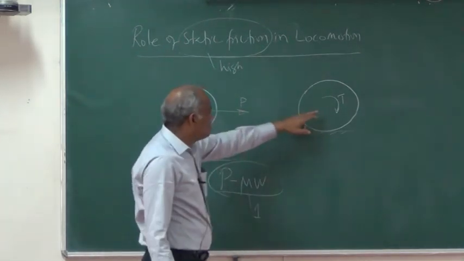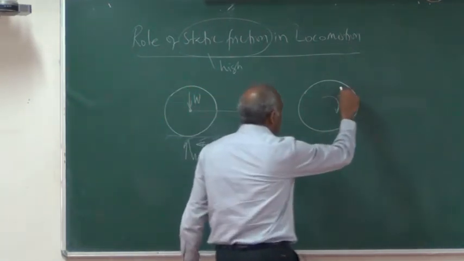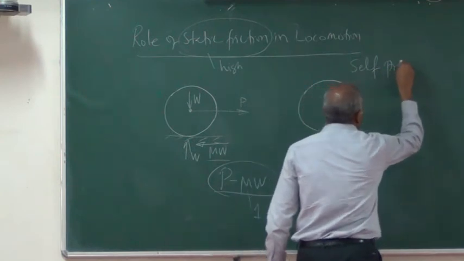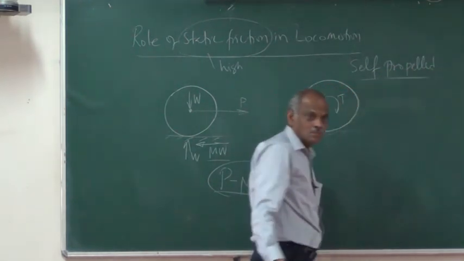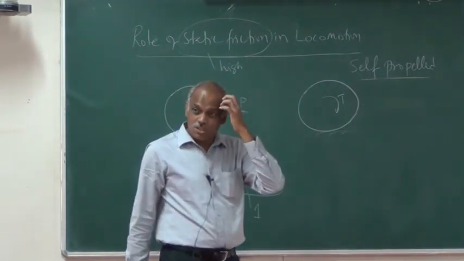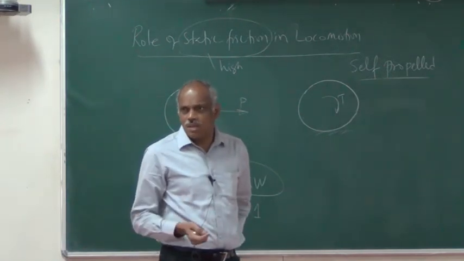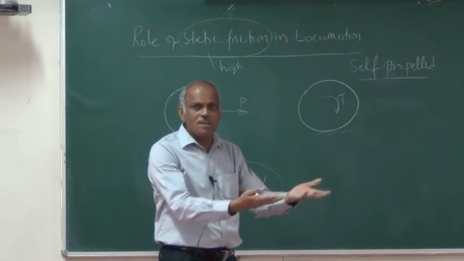Okay. Now you take the other wheel, which is self-propelled. You don't require an external force for this. So, for example, if you take a bullock cart, it is externally driven.